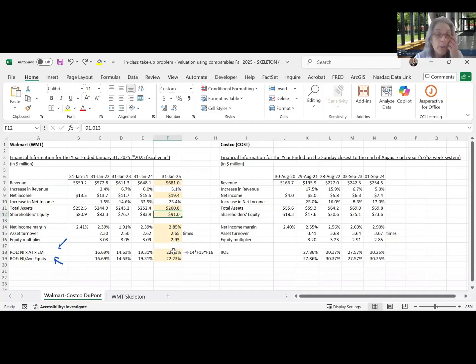Vasilia, did you get that for both ways? The formula text next to increase in net income. Okay.